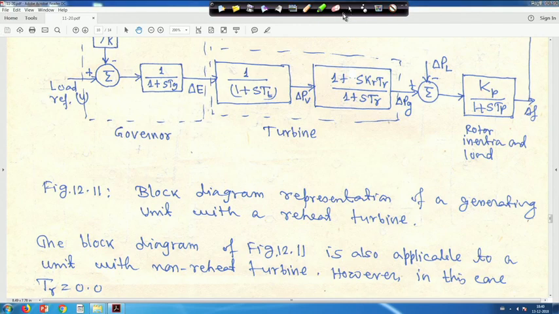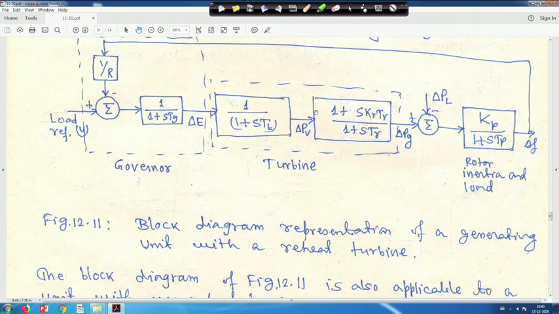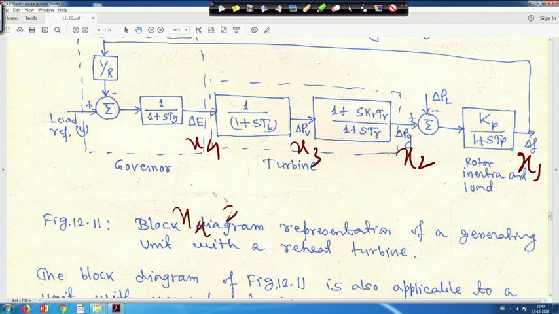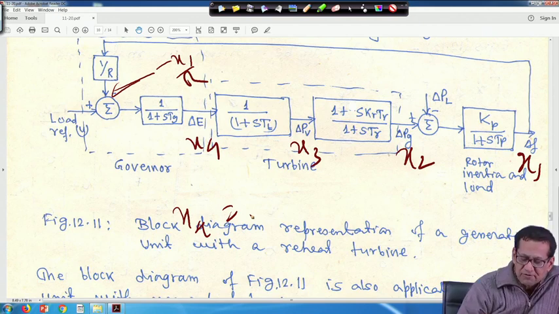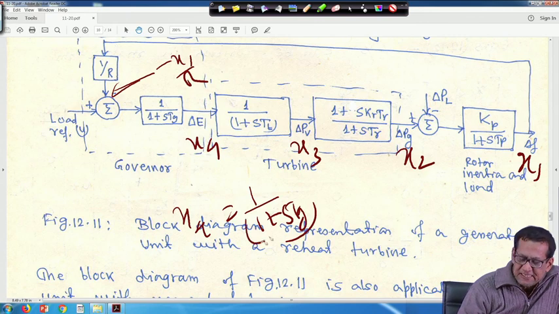Now, this one is your x4, this is x1, again I am writing x1, then we will go to that final thing, this is x3 and this is x4, right. So, here also x4 you can write, this is my u and this x1 is coming here, so it is minus x1 upon R. So, x4 is equal to 1 upon 1 plus S Tg, into minus x1 upon R plus u, right.